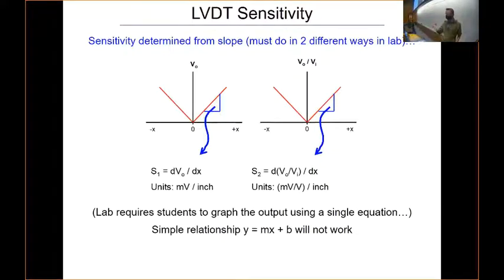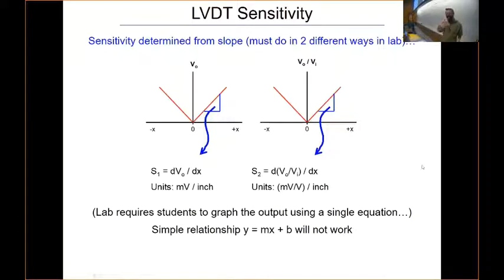You're interested in what output voltage you get per the displacement with whatever input voltage you set it up for. But say you're trying to compare your LVDT to one of the other groups who might have had a different input voltage. By dividing the input voltage out of it, you can compare one device to another device independent of what somebody set the input voltage to.